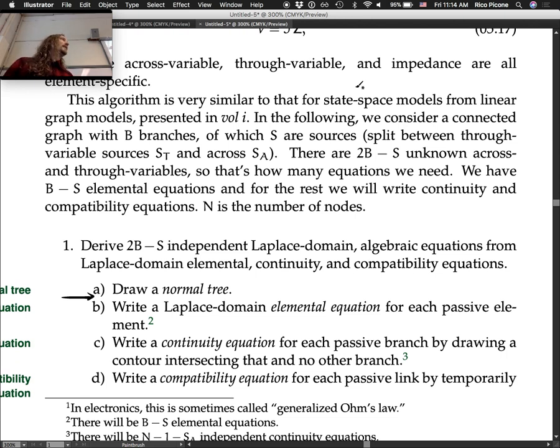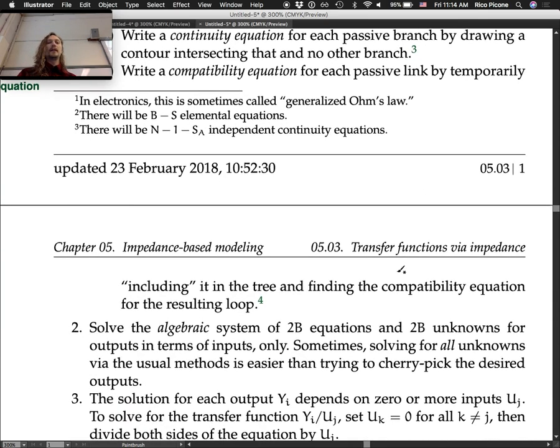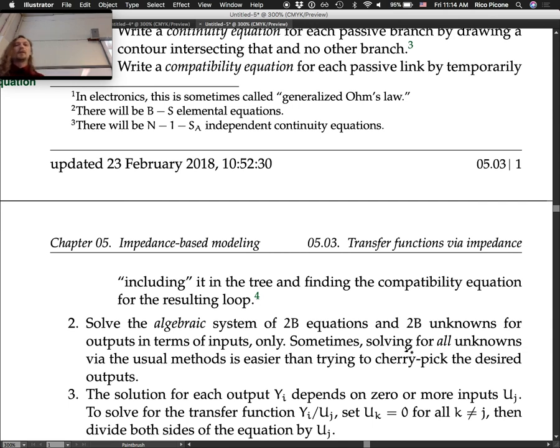Boy, this is familiar. Same continuity equation as before. And write a compatibility equation for each passive link by temporarily including it in the normal tree and finding the compatibility equation for the resulting loop. So going around the loop and adding up the cross variables. So that's also the same as before.